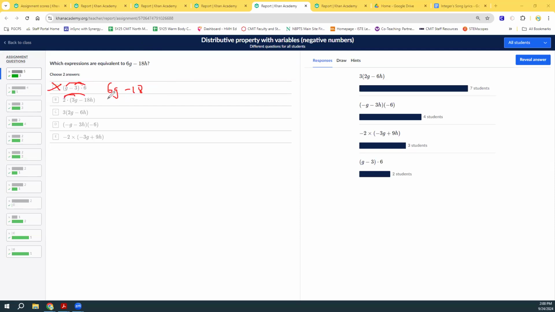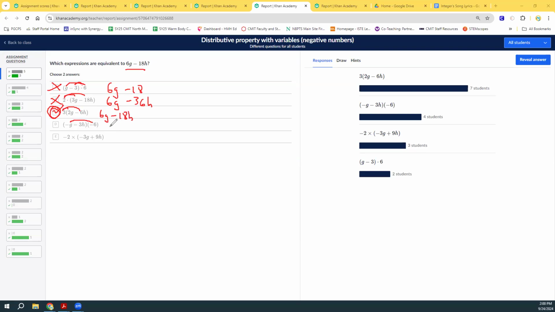Multiply these by 2, so that's 6g, okay. But this would be 36h, so no. Distribute this 3. Let's see if it's the same as this. 6g again, 3 times, okay, right, all right, 18h. We got one. Let's see if we get another one.